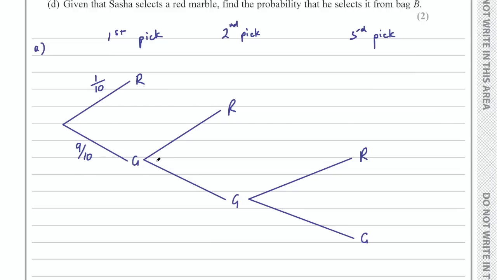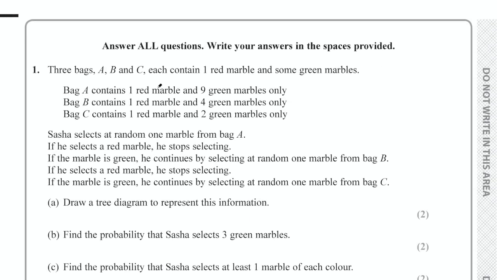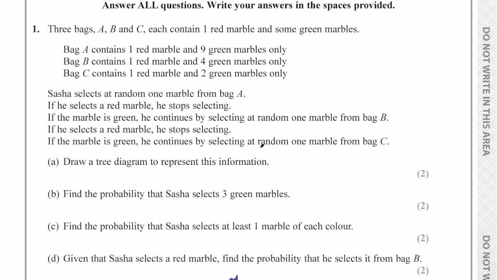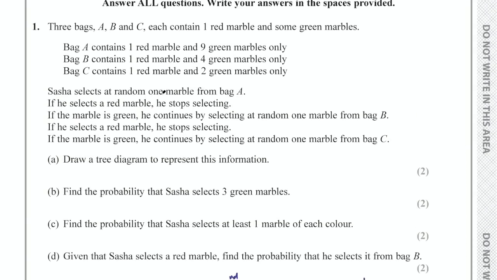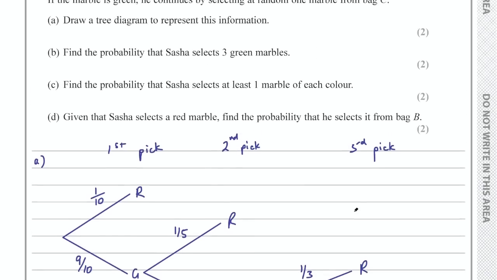On the second pick, we had 5 marbles in bag B, and so therefore 1 out of 5 for red and 4 out of 5 for green. And then in bag C, the third pick, we had 3 marbles. One of those was red, so the probabilities there would be 1 out of 3 and 2 out of 3 for green. Okay, so that should be everything we need for our tree diagram.